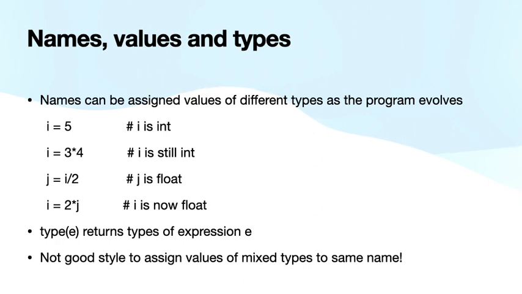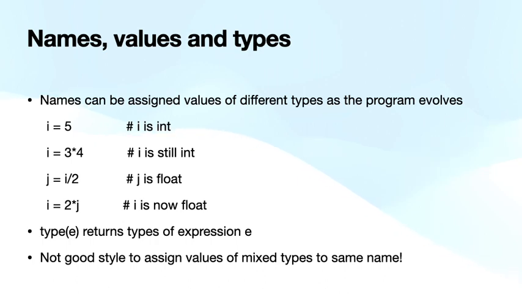Therefore, because the operation results in a float, at this point j is assigned a value of type float. Now, if at some later stage we take i and assign it the value 2 times j, since j was a float, i now becomes a float.